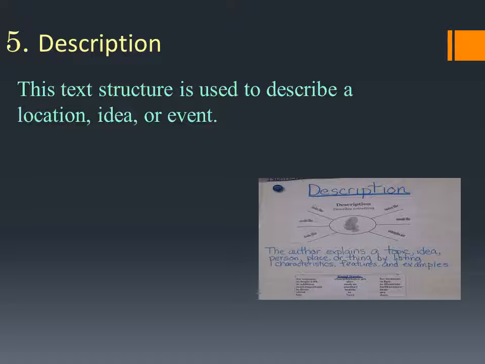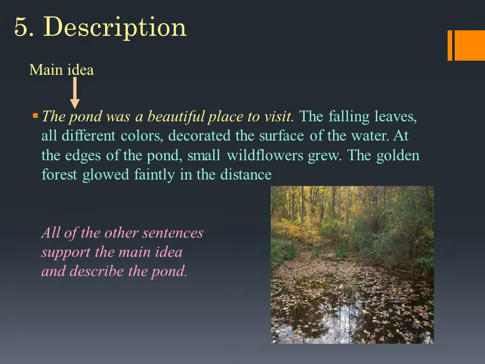This text structure is used to describe a location, an idea, or an event. Basically, the author tries to explain a topic, a place, or a person by listing characteristics, features, or examples. So this is a very short paragraph. The pond was a beautiful place to visit, which is the main idea.